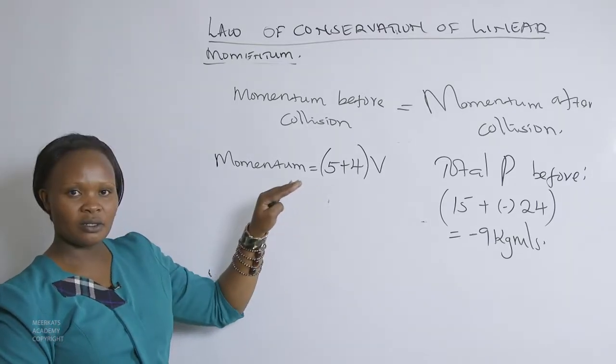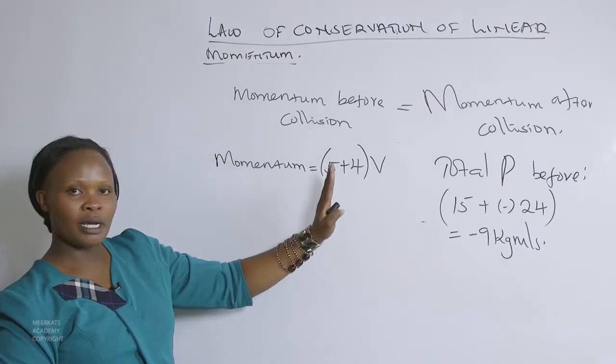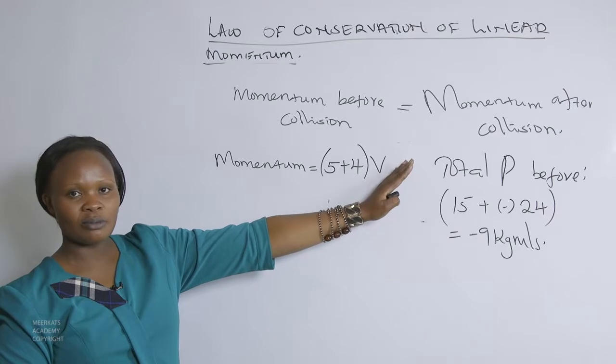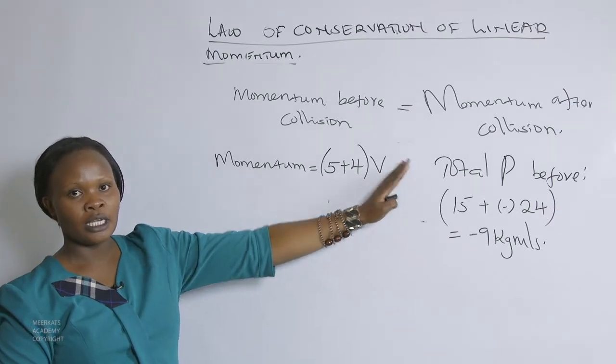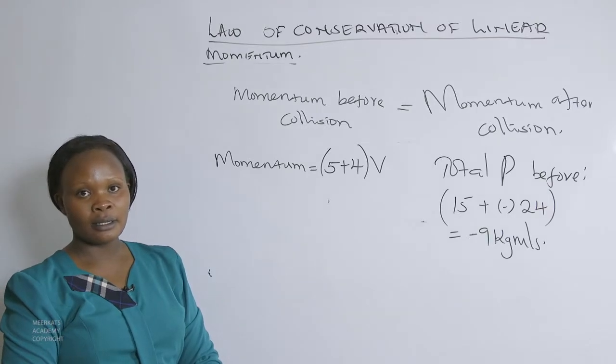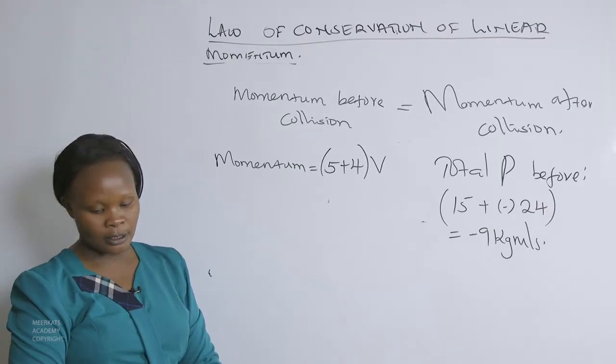Momentum after collision is given by the sum total of the masses and the common velocity that is achieved by the merged bodies.